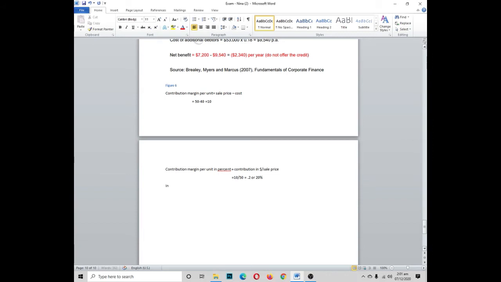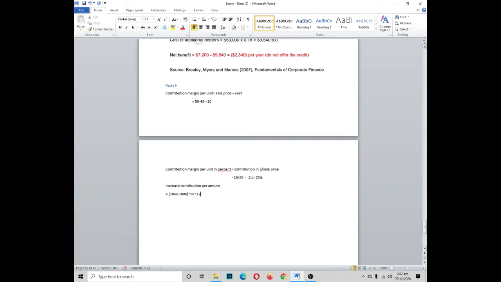We find the expected increase in contribution margin. Simply, increase in contribution margin per annum is equal to the increase in sales, 1060 units less 1000 units, multiplied by the $50 per unit sale price, multiplied by 12, because we are finding per annum.